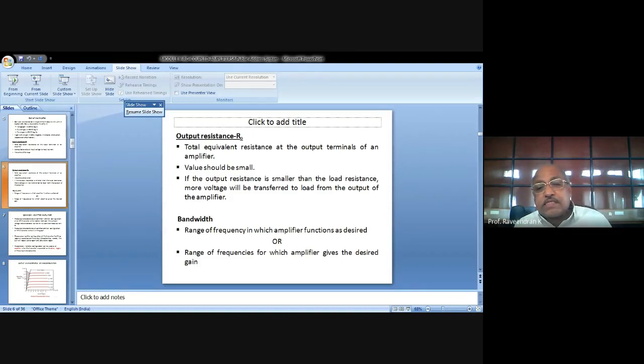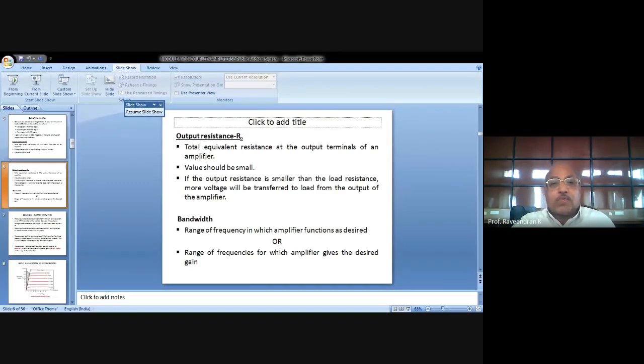VCE means collector emitter voltage, IC means collector current, IB means base current. For a base current, if we plot for different VCE, what are the changes in IC? So that is the plot between the VCE and IC curve for a constant IB. That is the output characteristic. In that output characteristic, we can see all these three regions of operation, out of which the active region is of our interest because that region is giving us the amplification of the signal, right?